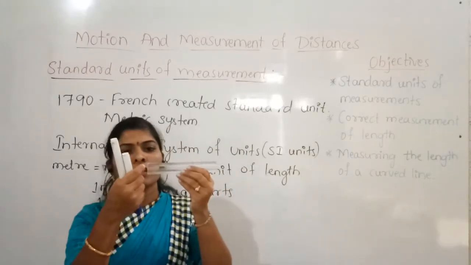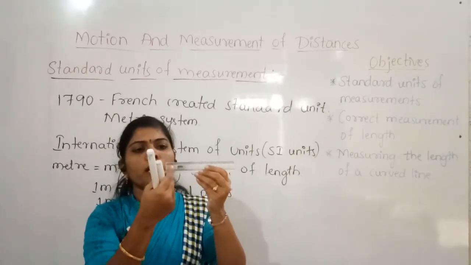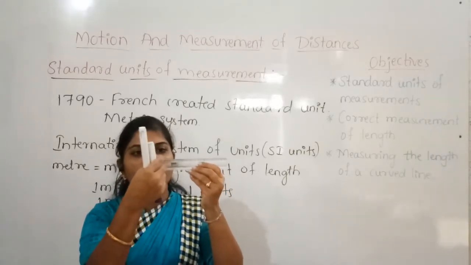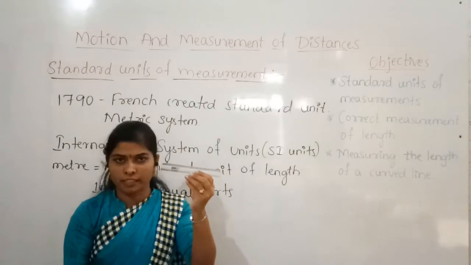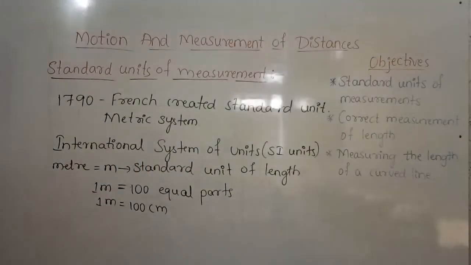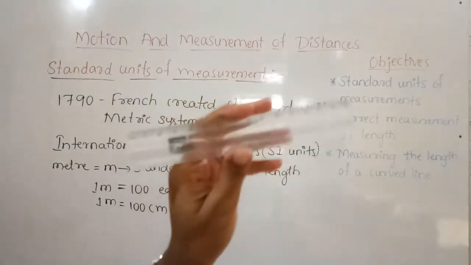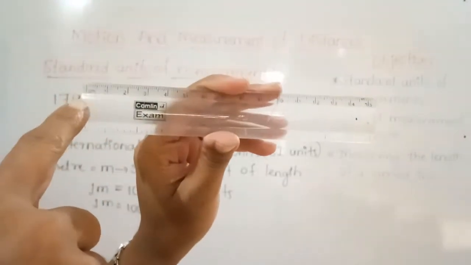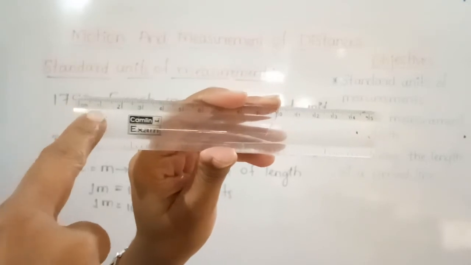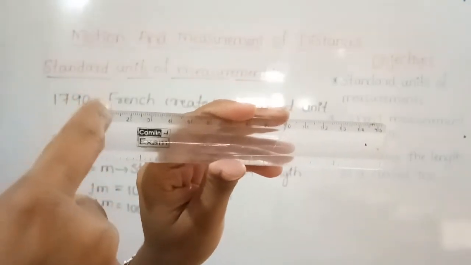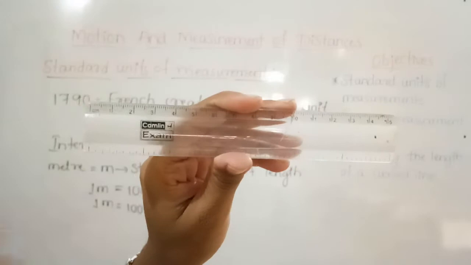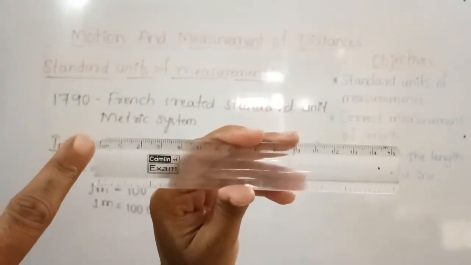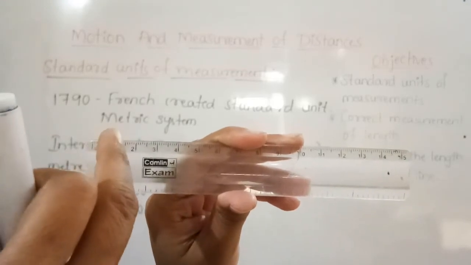So here from 0 to 1 centimeter, there are again small divisions. There are 10 equal divisions, and you can see this in your scale also. Between 0 to 1, there are again 10 equal divisions, and we can count them: 1, 2, 3, 4, 5, 6, 7, 8, 9, 10.